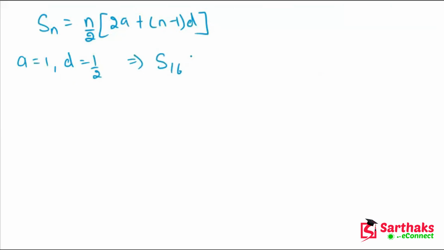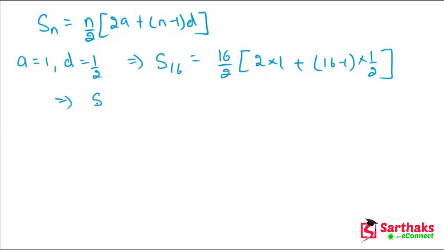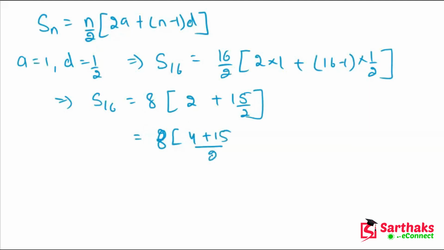So we have to find S16, which is equal to 16 upon 2, 2 into 1 plus (16 minus 1) into 1 upon 2. So from this we get S16 is equal to 8 into 2 plus 15 upon 2. Okay, now 8 into (4 plus 15) divided by 2.